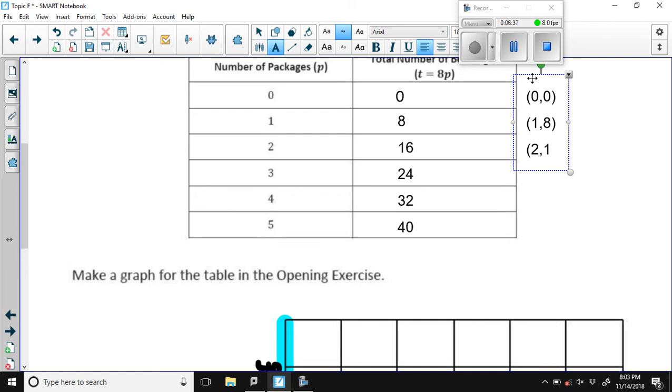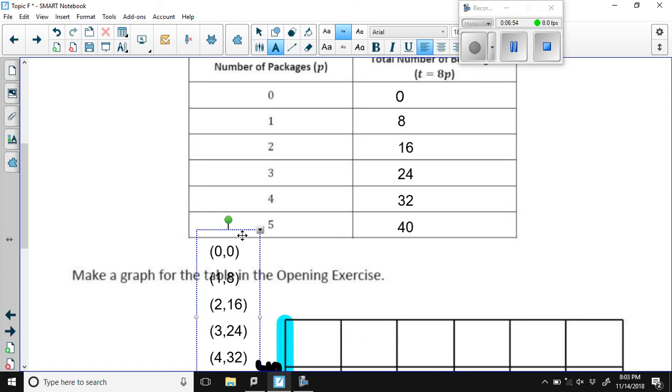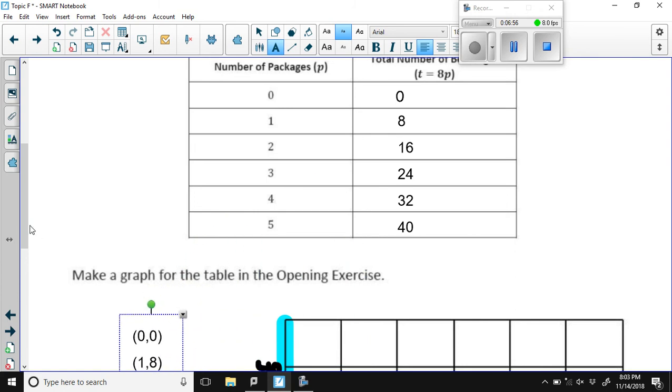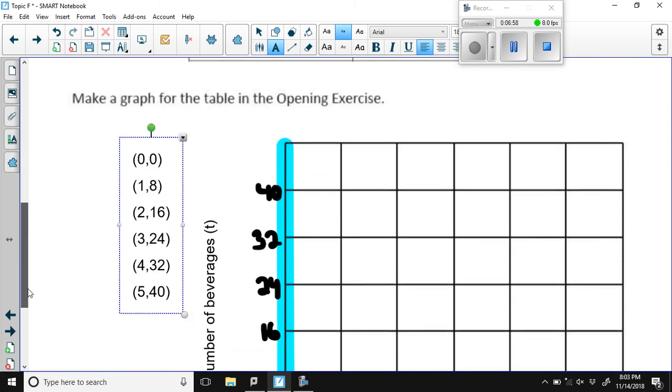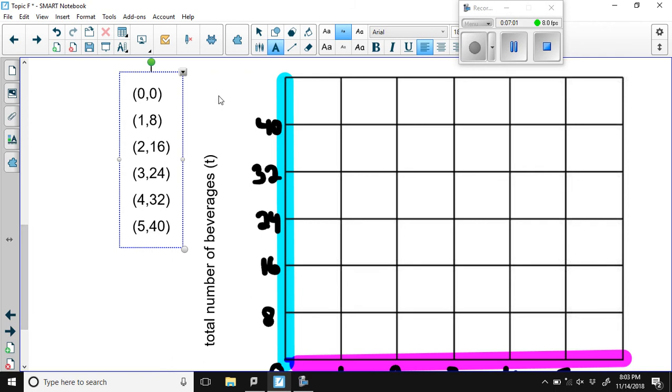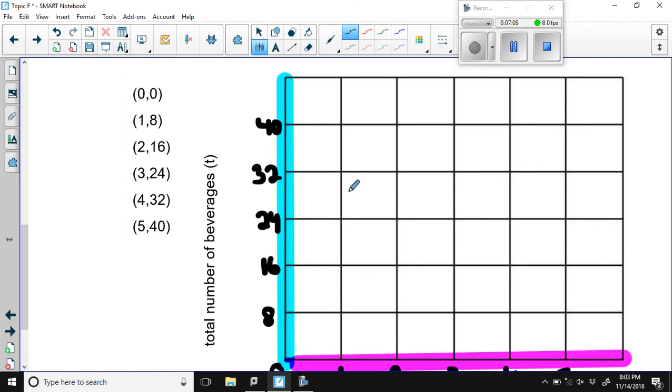The next is going to be 2, 16, and so on. Okay, I'm just going to pull this down here so that I have it. And now comes the fun part, just plotting my points.